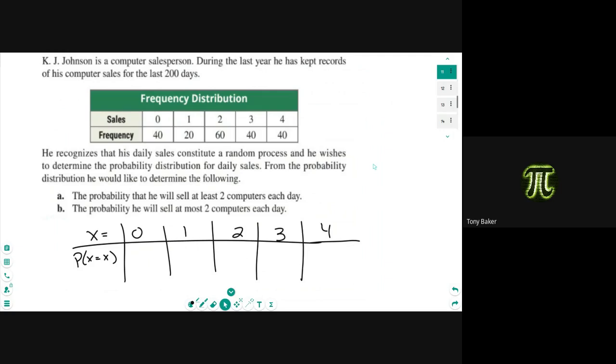All right. Let's look at one that's not dice or coins. During the last year, he's kept track of his computer sales for the last 200 days. He recognizes his daily sales constitute a random process. Do you agree with that?